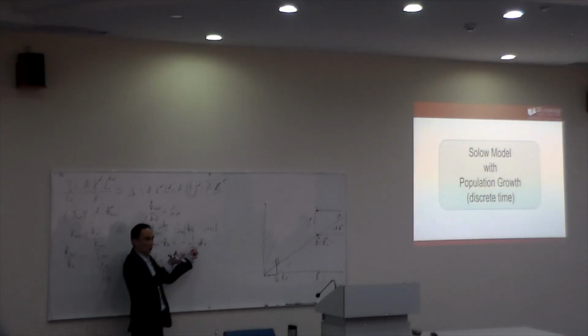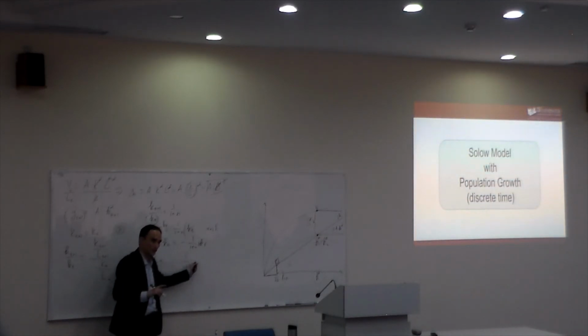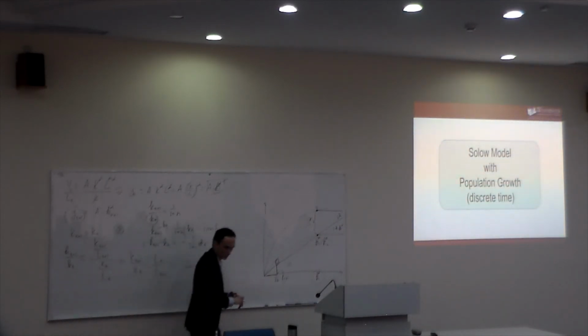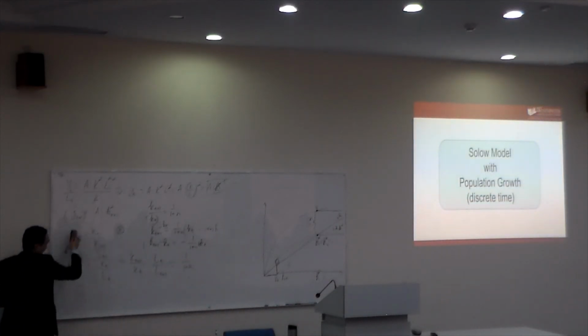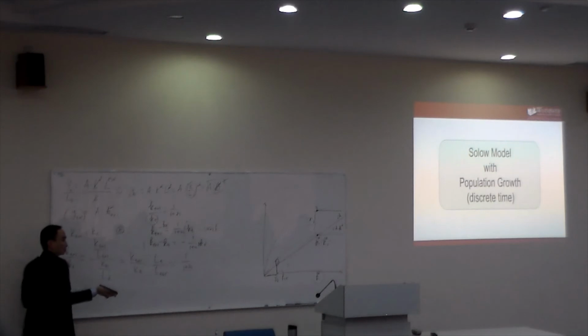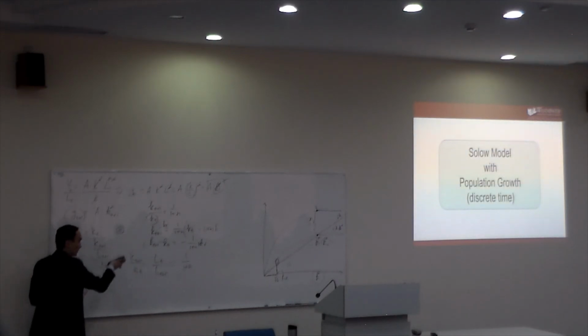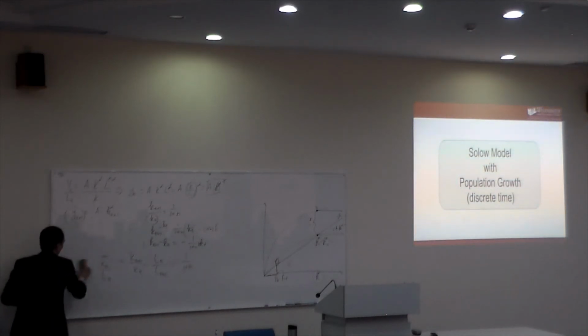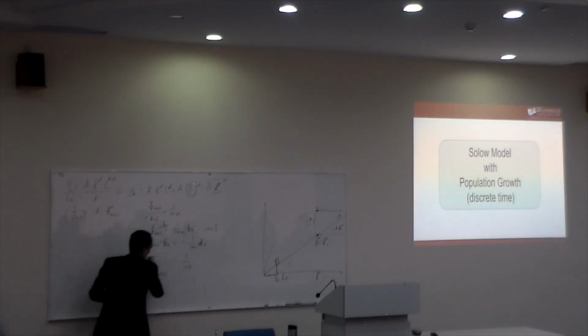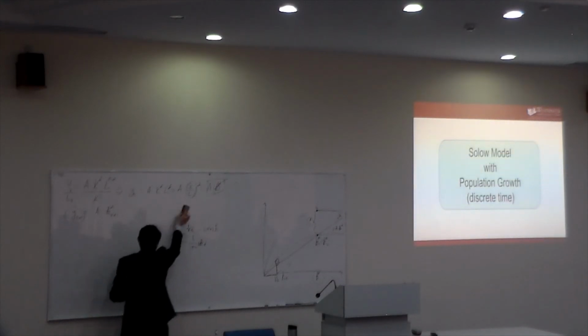So capital per worker is going to diminish if population is going to grow. So if population is growing, it leads to a reduction in capital per worker. Okay. So now we will derive the Solow model with population growth.